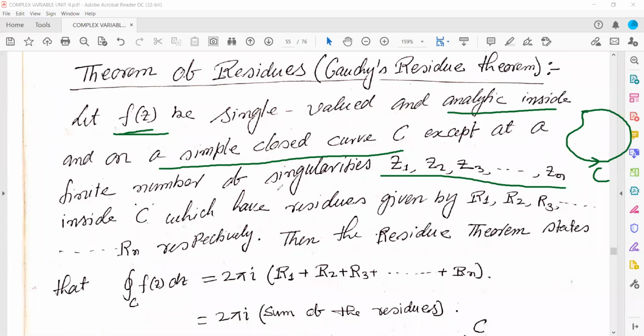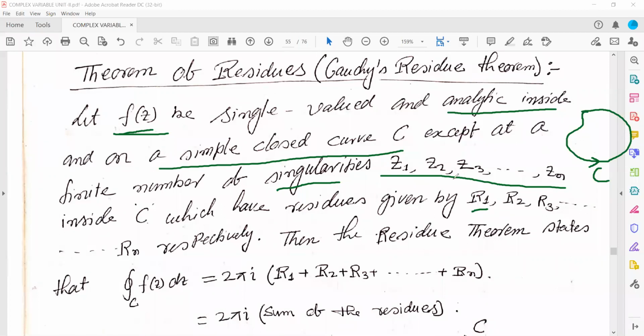That means you are getting the singularity at all these points inside the curve C, which have residues. Suppose all these singularities are poles. Then, if there is a pole, you will be able to find its residue.